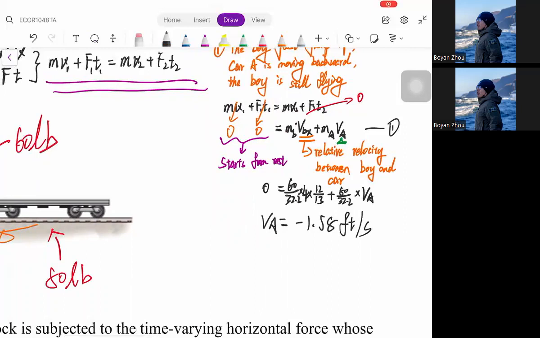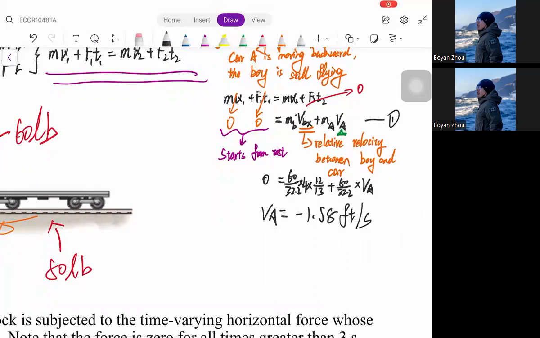So now we need to find the velocity of the boy relative to the ground. So it's actually an equation about the relative velocity again. Now what we find is the velocity of the boy relative to the car A is equal to the velocity of the boy minus the velocity of the car.